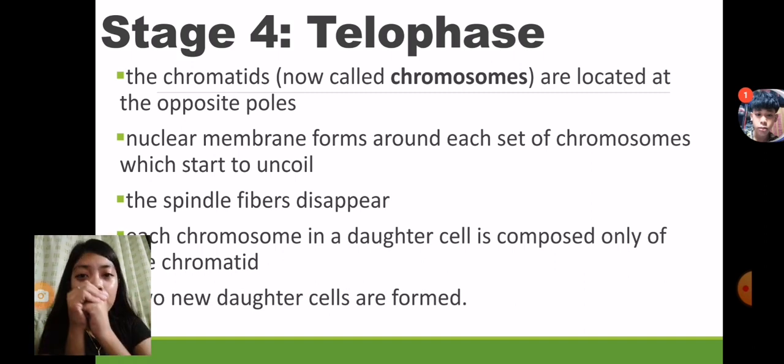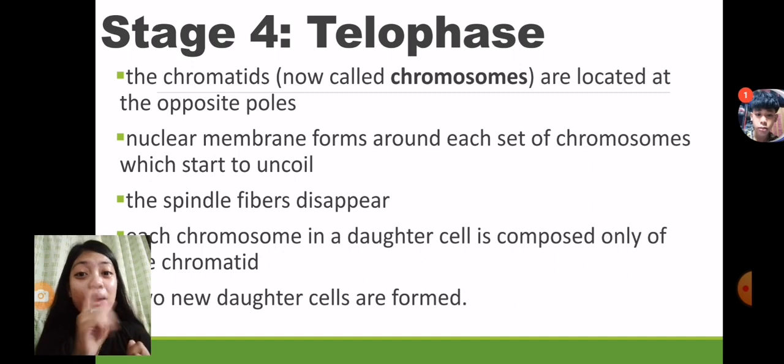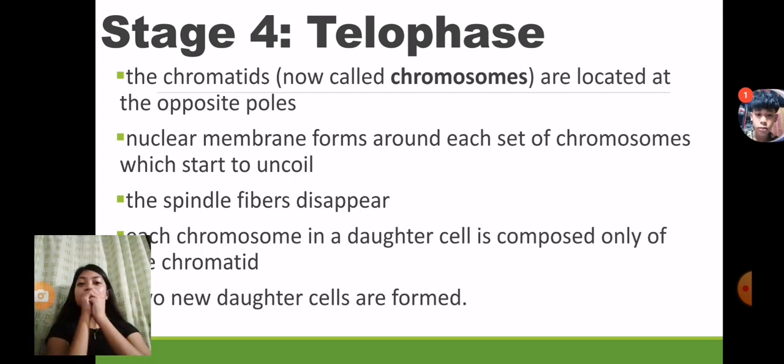Okay, so again: prophase, metaphase, anaphase, telophase. In telophase, two nuclei form. Two new daughter cells are formed, and they separate through cytokinesis. Okay? Remember that for mitosis we use PMAT: prophase, metaphase, anaphase, telophase, then cytokinesis, giving two new daughter cells.